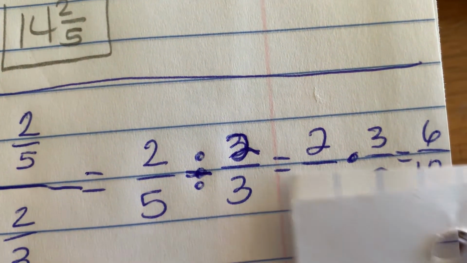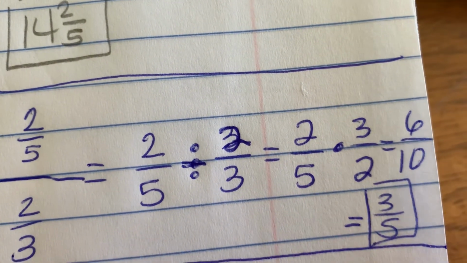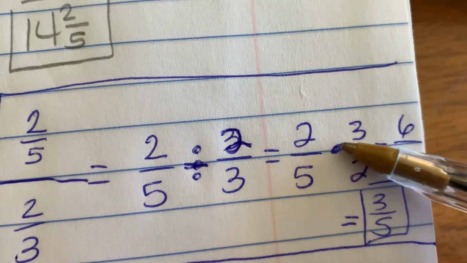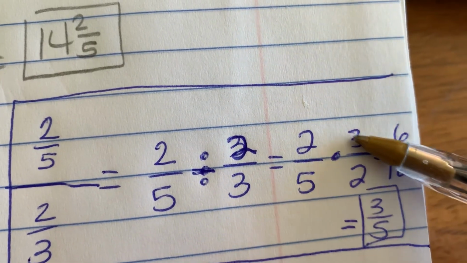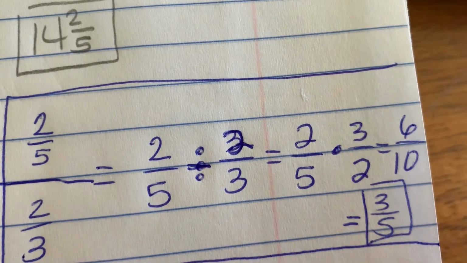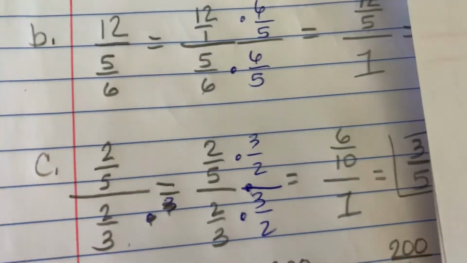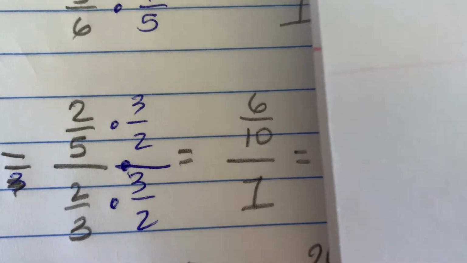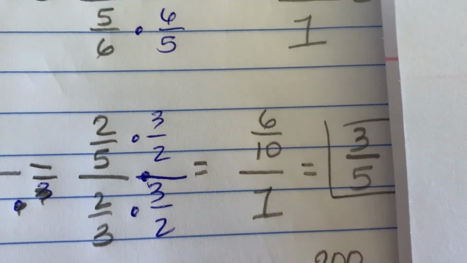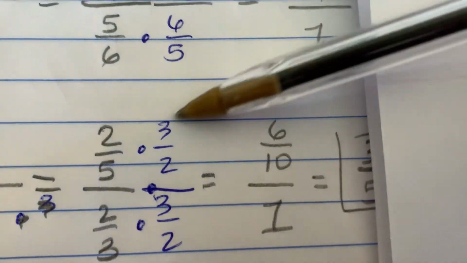Well, I keep change flip, keep the first fraction, change the symbol, and do the reciprocal of 2/3, which is 3/2, and I'm going to come up with this answer. So when I come back over here, same thing. I reshape it, multiply by the reciprocal. I get 6/10 over 1, which is 3/5. If you cross cancel over here, these 2's, that's fine too.